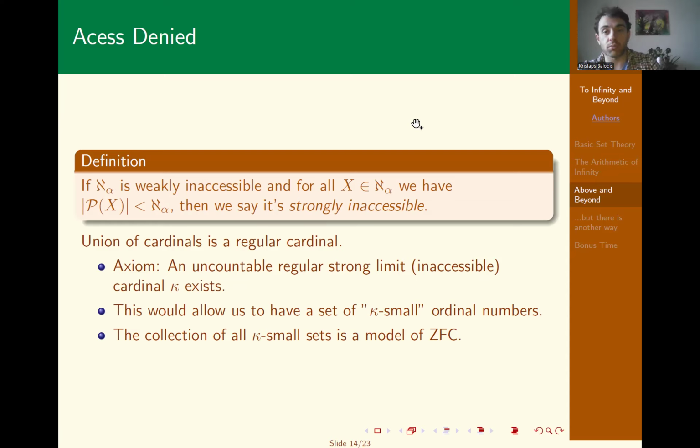But if we now assume this new axiom and we say, oh, there is a set kappa with this property, and we suppose it's a set, now we can form what we would call the collection of all kappa small sets. So that's the set of all sets whose cardinality is strictly less than kappa.